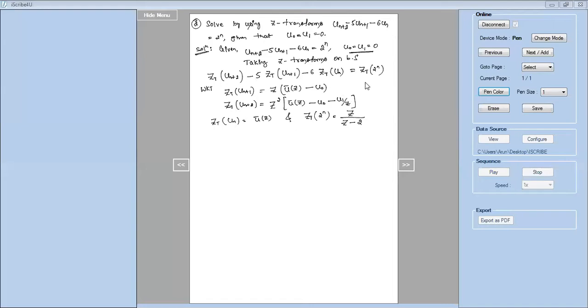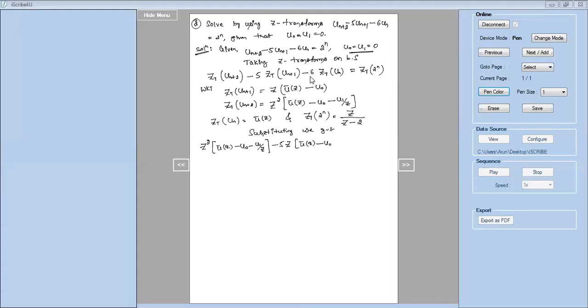Let us substitute in this equation. Substituting in the above equation, we get first the Z transform of u(n+2), which is Z squared into u bar of Z minus u0 minus u1 by Z, minus 5 into the Z transform of u(n+1), which is Z into u bar of Z minus u0.